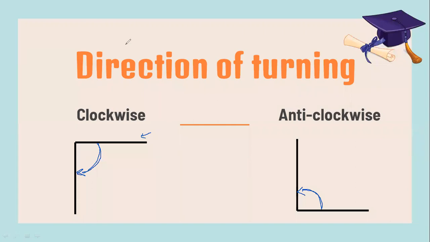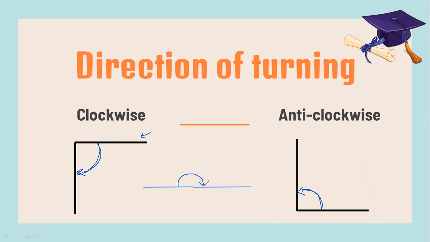Both of them have a quarter turning also, a half turning also, and then a whole turning also. So for example, about a half turning, we have two lines. This is the first line, and this is the second line. We say it is clockwise if it is turned like this, from this to this.